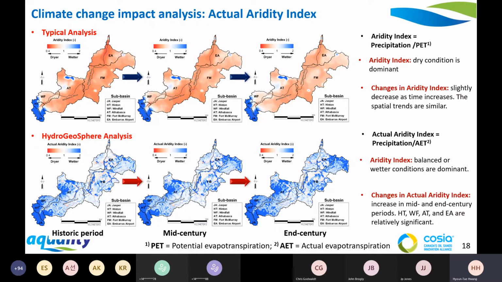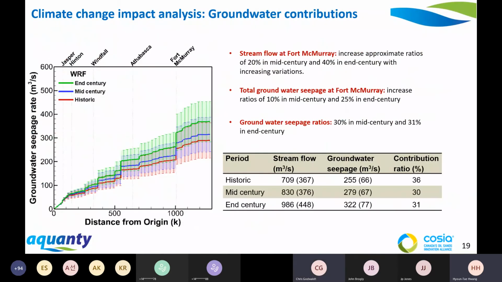So we calculate everything related to the saturation and subsurface condition to get actual evapotranspiration. That's why there is a big difference between typical analysis and HydroGeoSphere analysis. Good, thank you. No problem. And next, once the climate change impact analysis was done, then we estimate groundwater.